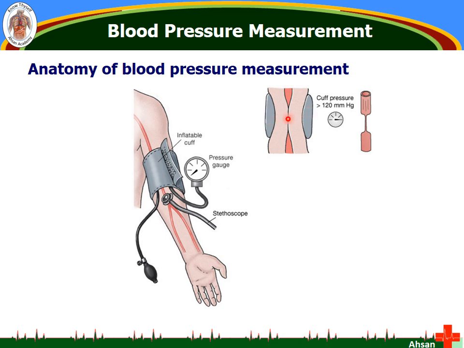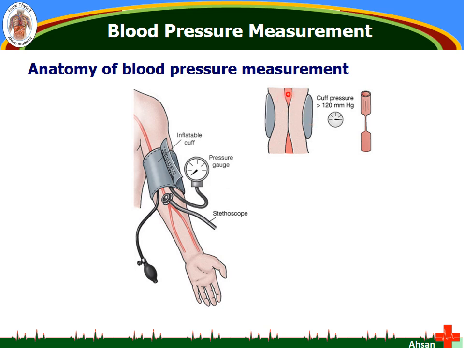This pressure will be transmitted to this area and will try to collapse the blood vessels, the arteries. This is the brachial artery, and the blood is moving with some pressure. Suppose it is 120 millimeters of mercury. So every time the maximum pressure will be 120.